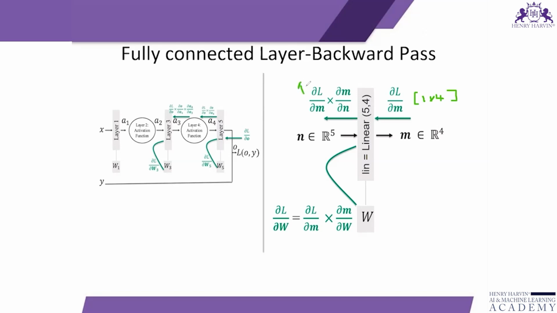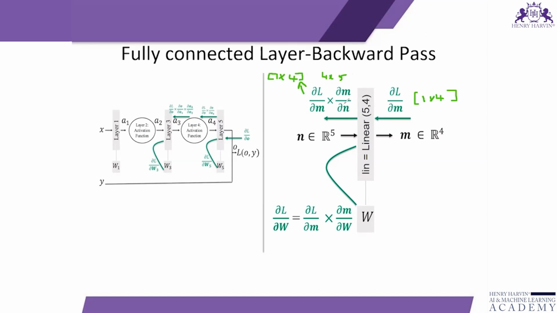And this is a Jacobian. If you remember, the size of the Jacobian will be 4 cross 5, the size of the numerator cross the size of the denominator. So this is 1 cross 4, and it gets multiplied by 4 cross 5.